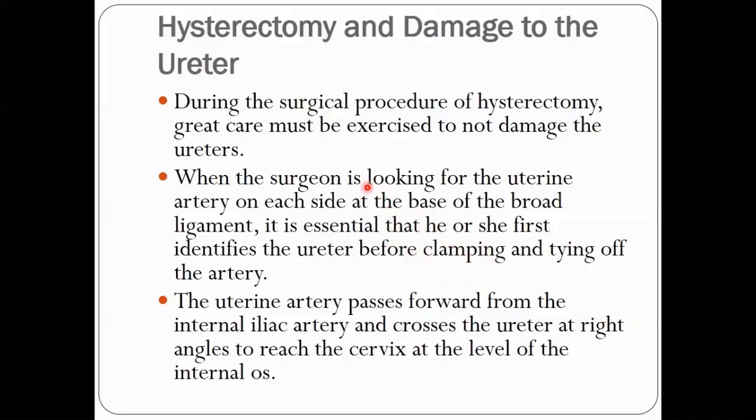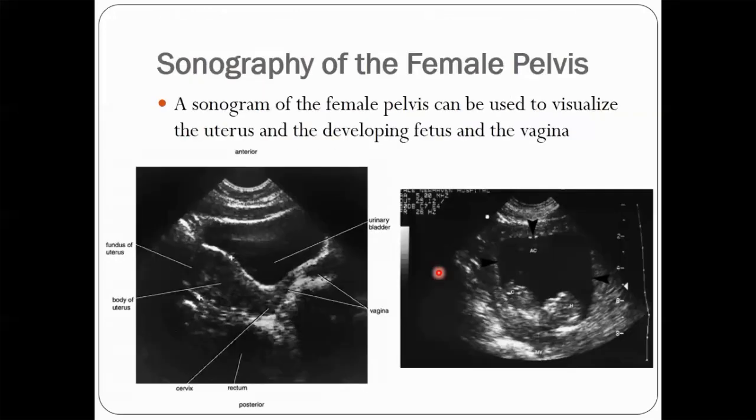Of course, to do a hysterectomy we must clamp the uterine artery, which also has an intimate relation to the ureter. It passes above the ureter before reaching the lateral margin of the uterus. So before clamping and tying up the artery, the ureter should be identified and secured to avoid damage of the ureter.